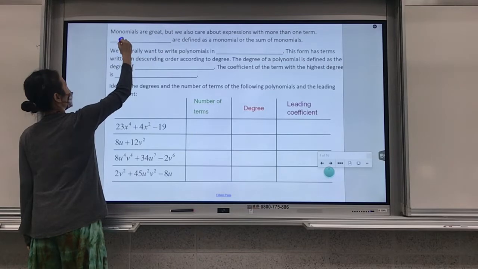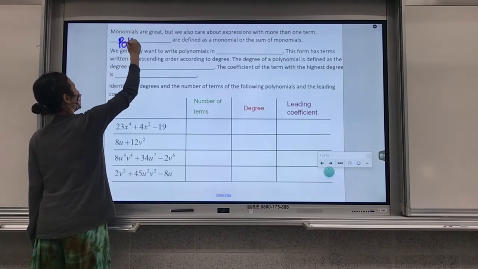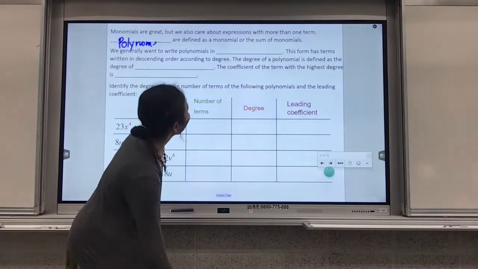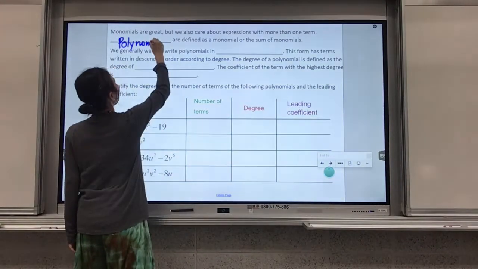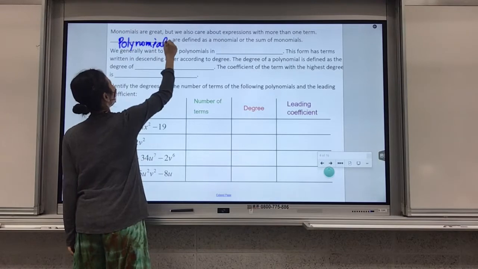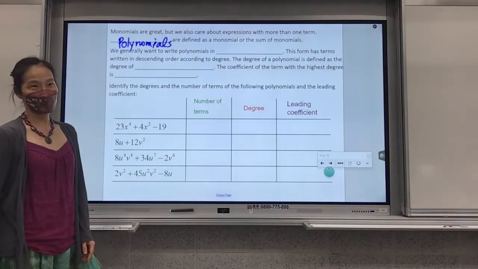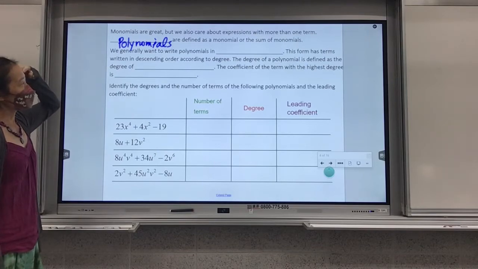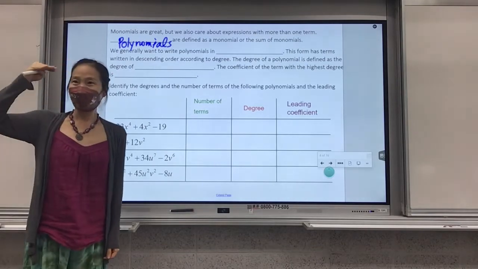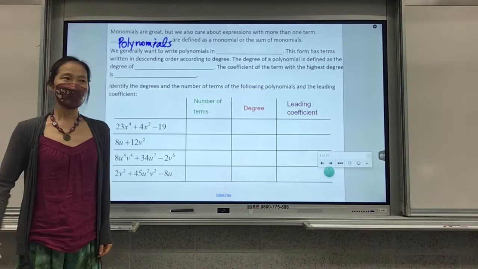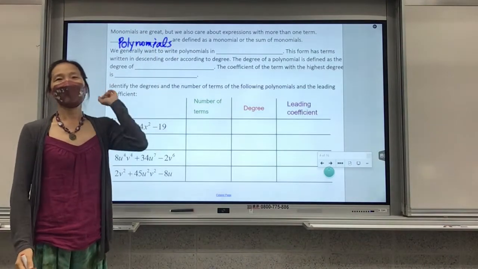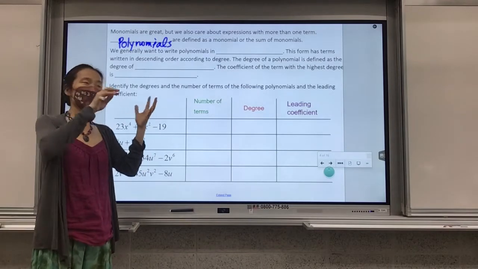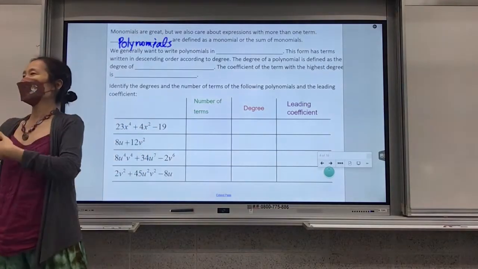It's the polynomial family. Polynomials. So we generally want to write a polynomial in descending order. So if you have x power 5 plus x cubed plus 12, you don't want to write 12 plus x cubed plus x power 5.